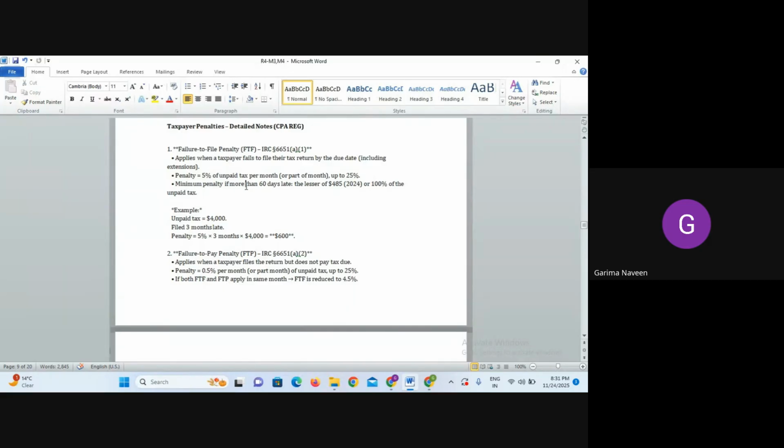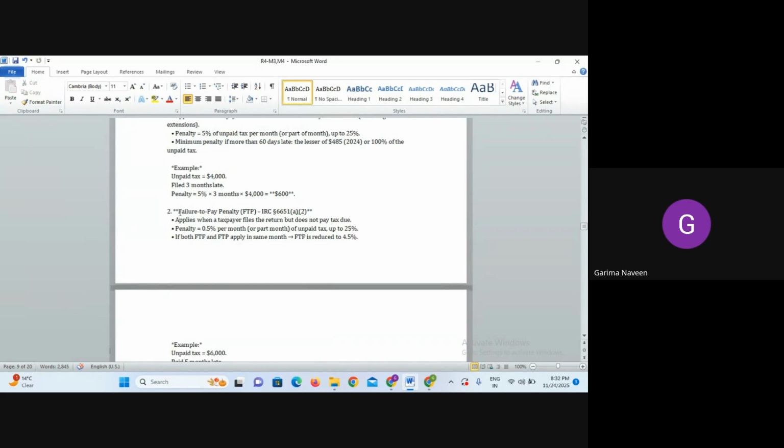Maximum penalty if more than 60 days late is the lesser of $485 or 100% of the unpaid taxes. So if you fail to file the tax return for more than 60 days, then you have to pay this penalty, which is the lower of $485 or 100% of your unpaid taxes.